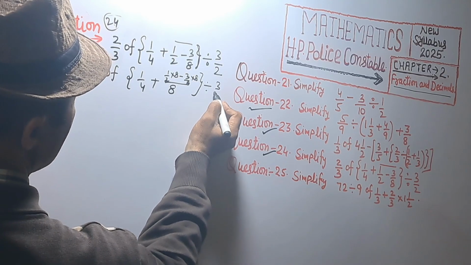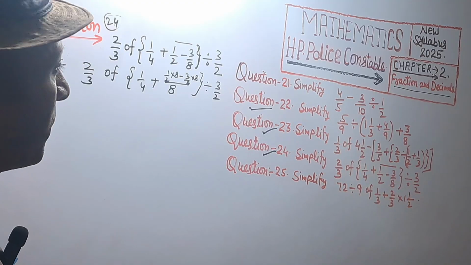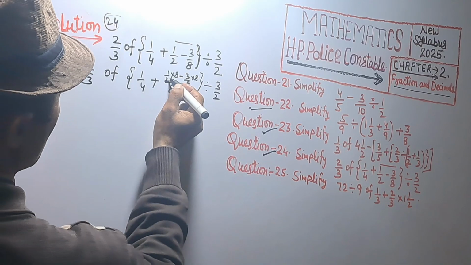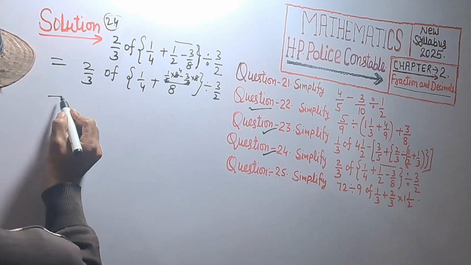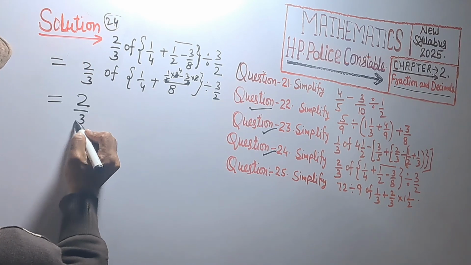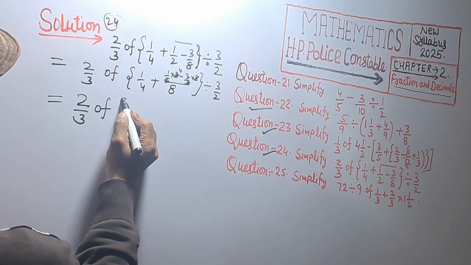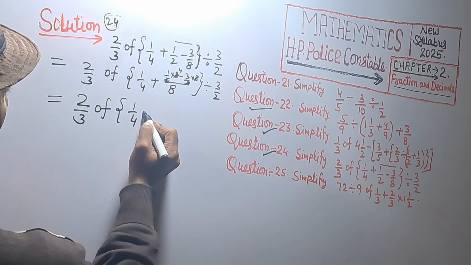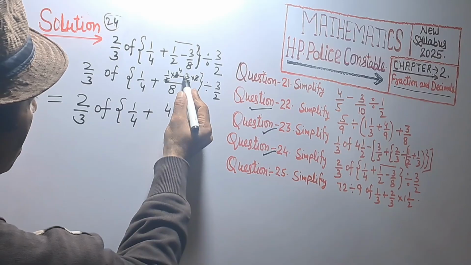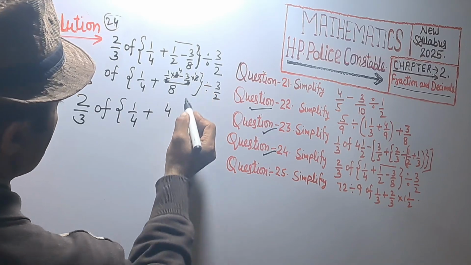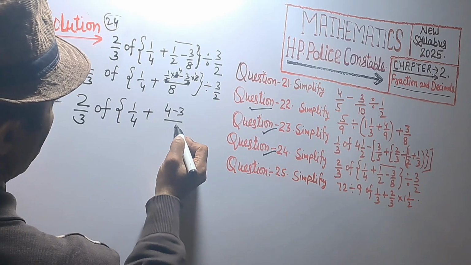Divide 3/2 as it is. 2 4s are 8, 8 is cancelled, and next step is 2/3 of 1/4 plus 4 ones are 4 minus 3/8.